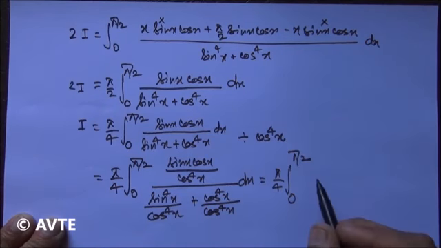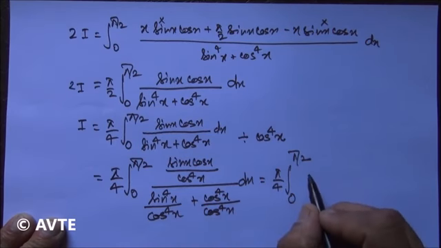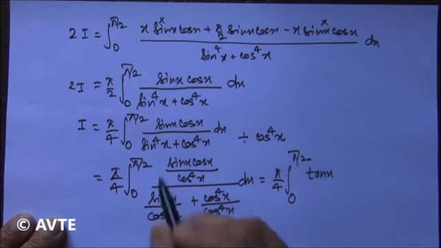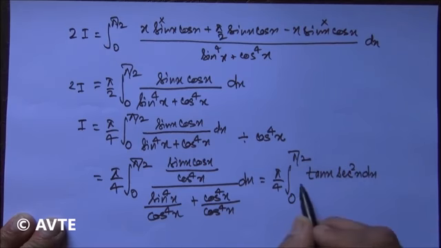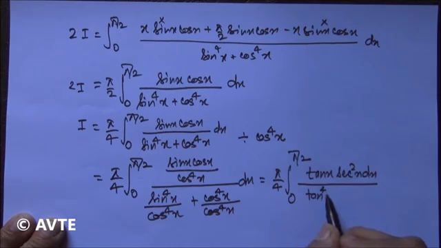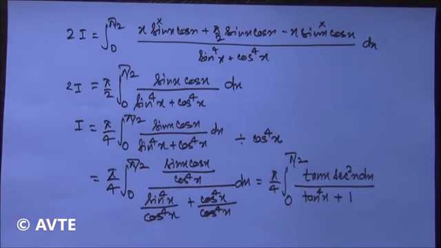Now this is sine x over cos cube x, which is sine x by cos x is tan x, and 1 upon cos square x will turn to secant square x dx. And in the denominator, you can see that it is tan raised to power 4 x plus 1. And can you see that, it's a very simple question?